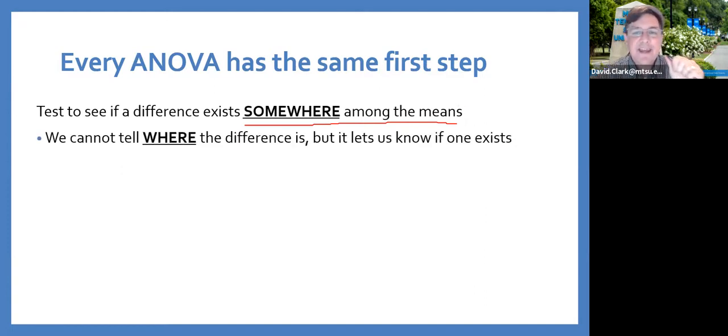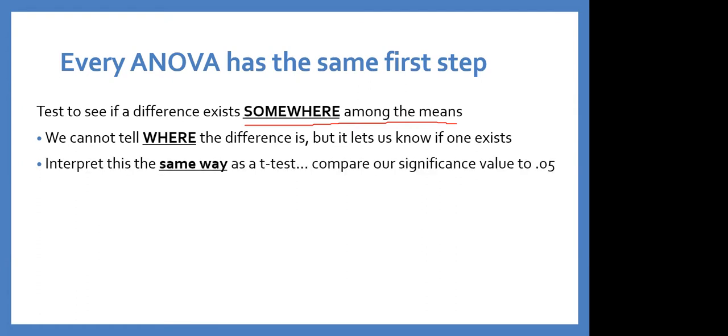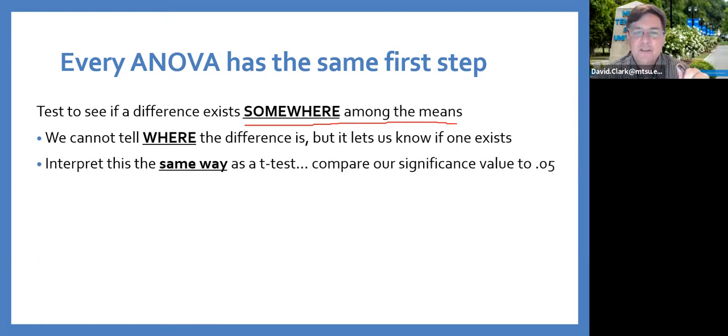You can't tell where it is yet, but you can figure out whether it exists. And guys, you interpret this the same way as a t-test. You compare that p-value to whatever your set alpha is, but generally it's going to be 0.05.